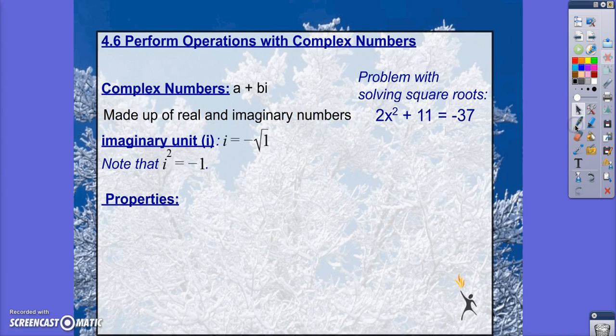You might be wondering, well, what are you talking about with imaginary? Complex numbers have two parts, with a plus or minus sign between them. a and b are some actual number, but the i stands for imaginary.